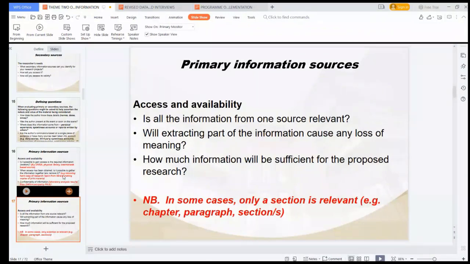So I think it is important for us to be skilled in our ability to research and to find what is relevant and what is not relevant. You would find that what is relevant to you is actually 1% of the entire book. It's just one chapter or just a section or a paragraph from one section. So it won't always be.